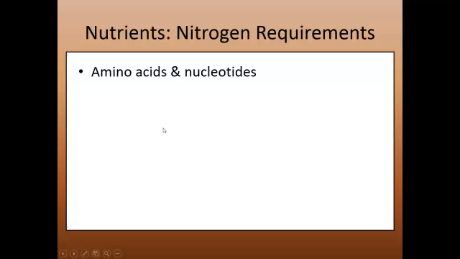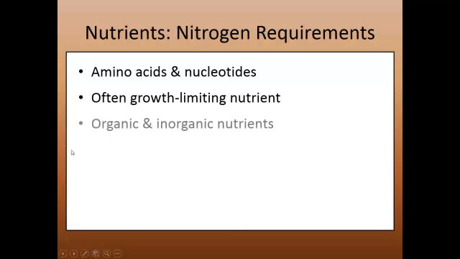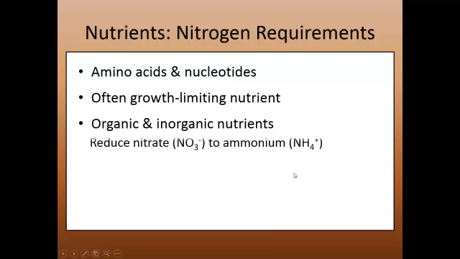So all organisms require usable nitrogen. Often it's the growth limiting nutrient, and we'll get to that in a minute as to why. So there are organic and inorganic nutrients that provide nitrogen. One of these is nitrate.